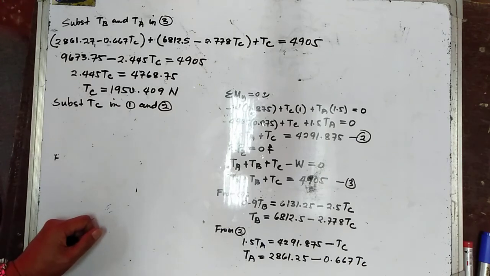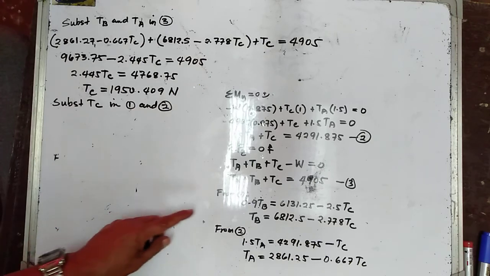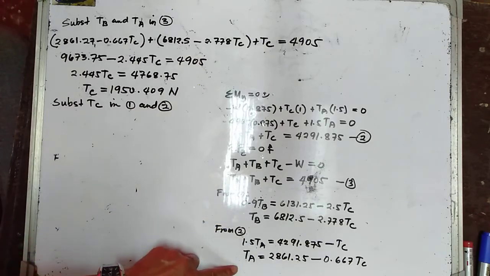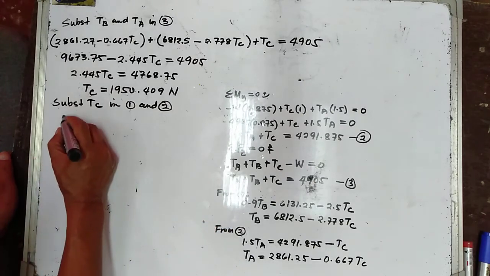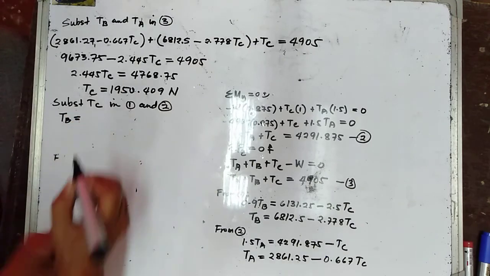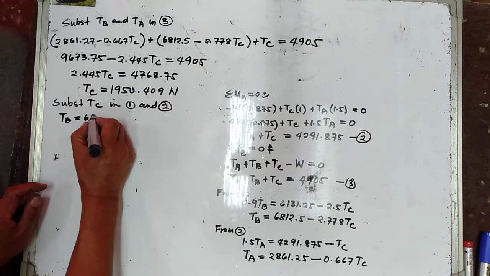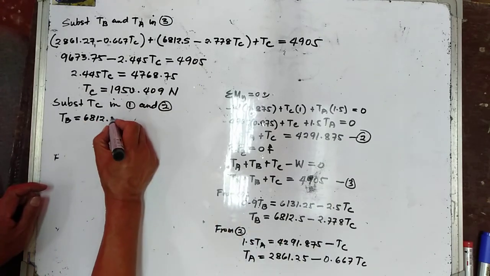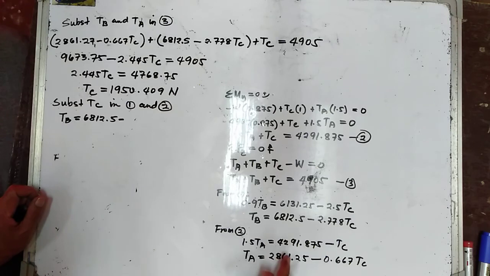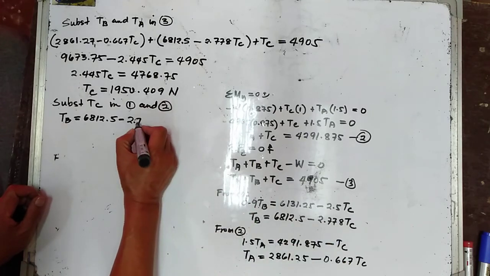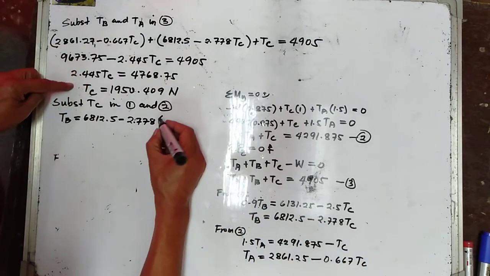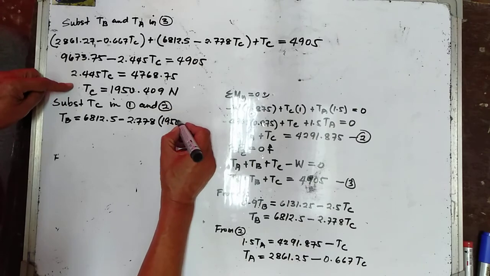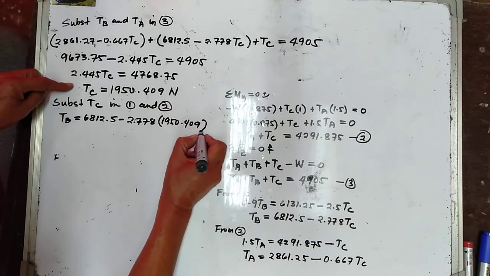So we now have TB equal to 6812.5 minus 2.778 times the value of TC, 1950.409.